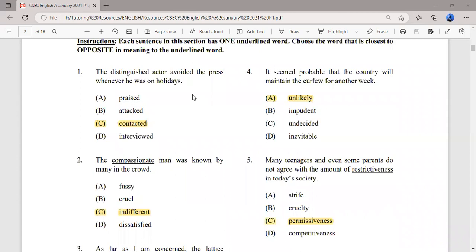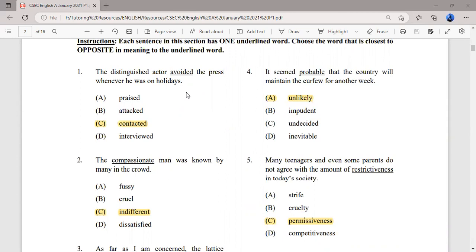Our underlined word is avoided. We all know what avoided means. And remember, we are choosing the word that is closest to opposite in meaning. So the opposite of avoided from this sentence would be contacted.